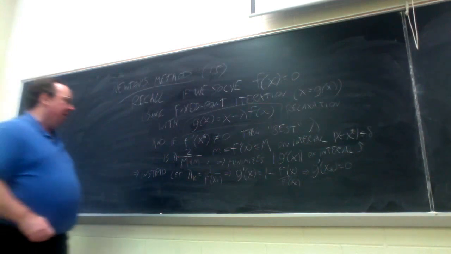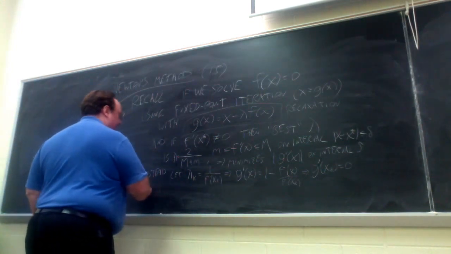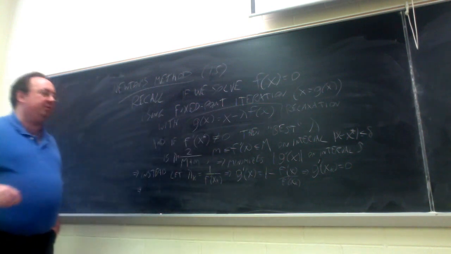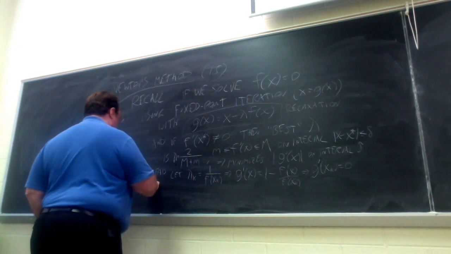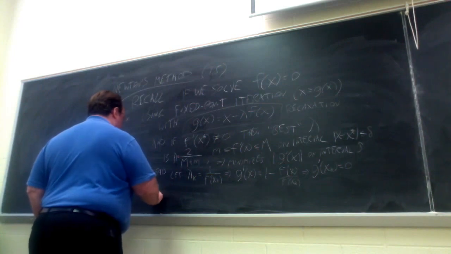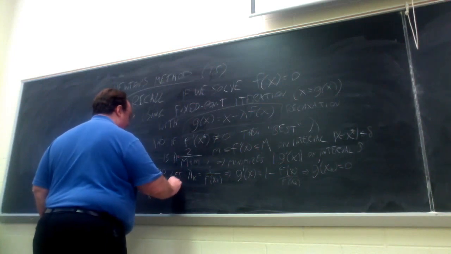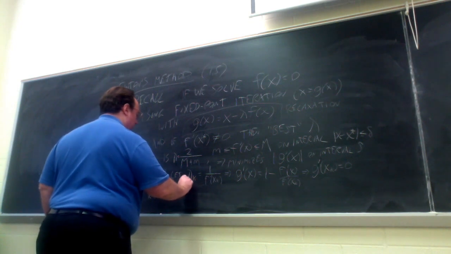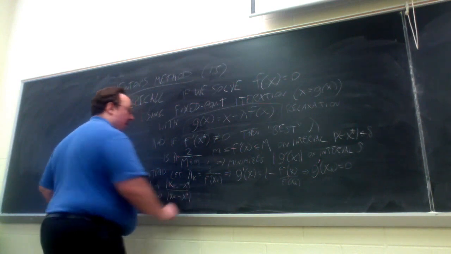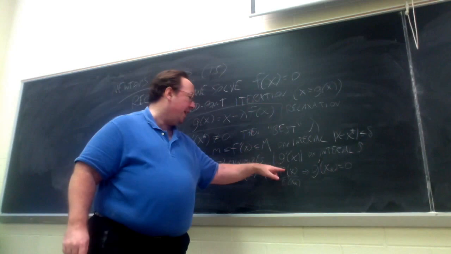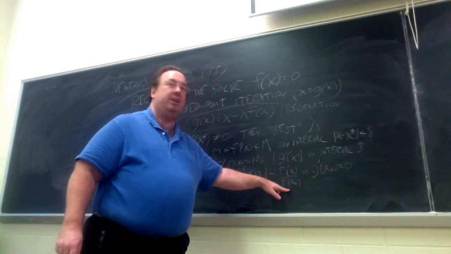So what this means is if we make sure that g prime is equal to 0 at every iteration, then our limit as k goes to infinity of the new error is 1 minus f prime of x over f prime of xk.